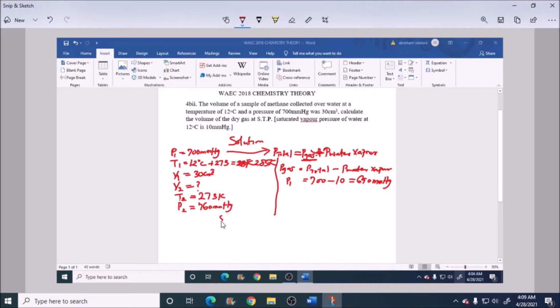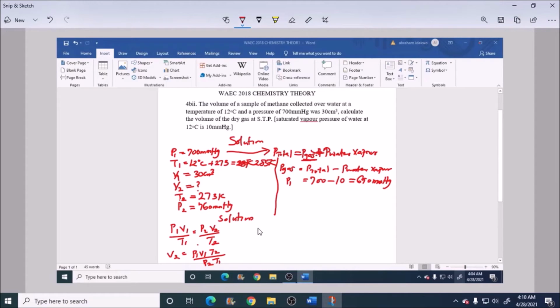Now the solution to calculate V2. We use our formula P1 V1 over T1 is equal to P2 V2 over T2. Making V2 the subject of the formula by cross multiplying, we have V2 equals P1 V1 T2 all over P2 T1.